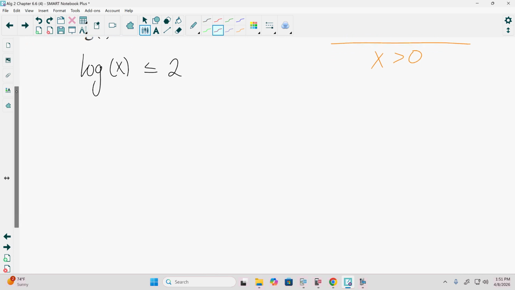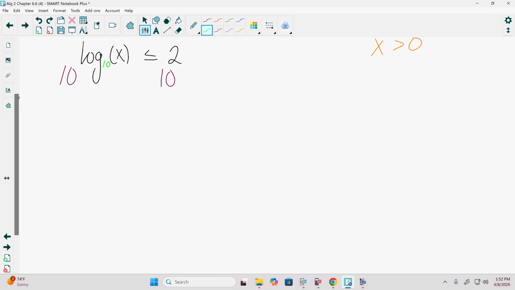Log of x is less than or equal to 2. The log is by itself. All of our numbers are on the other side, so we can apply a base to both sides. And we want that base to be equal to the base of the log. In this case, the base of the log is what? 10. Whenever the base is not written, it's understood to be 10.